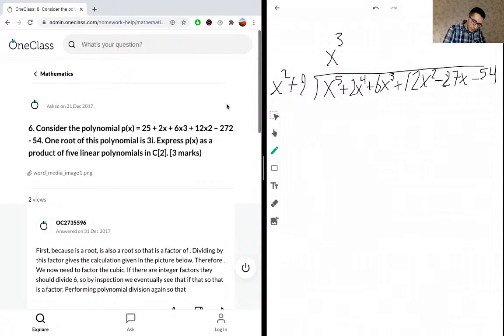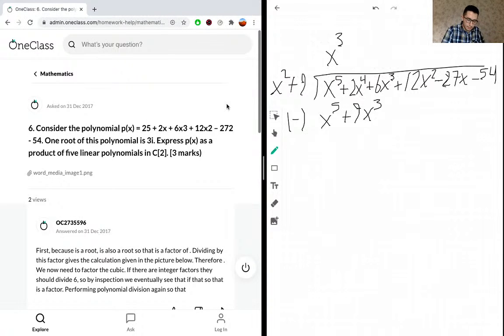And since we multiply x squared by x to the power of 3, we get x to the power of 5. And then we also multiply x to the power of 3 by 9. And that's what we get. And then we subtract the two polynomials.